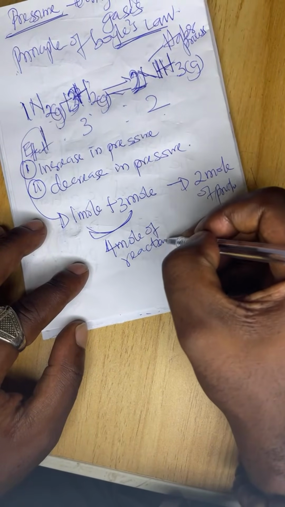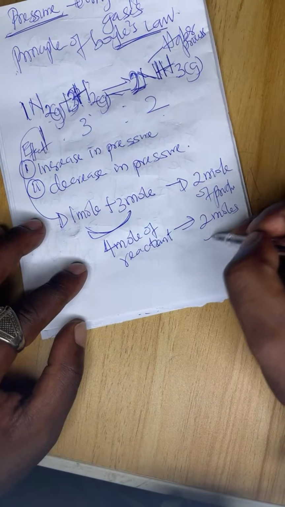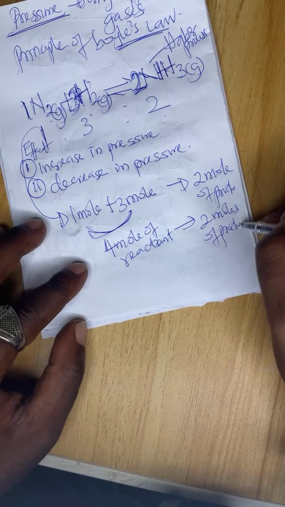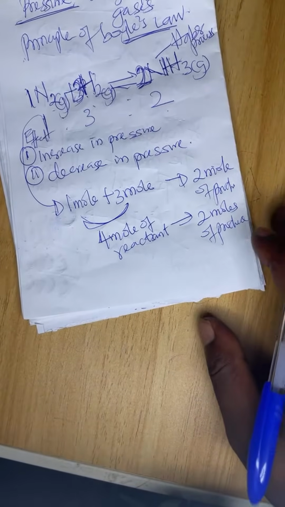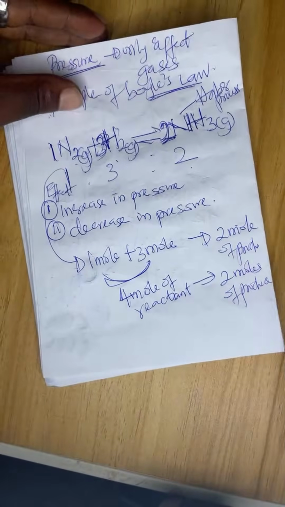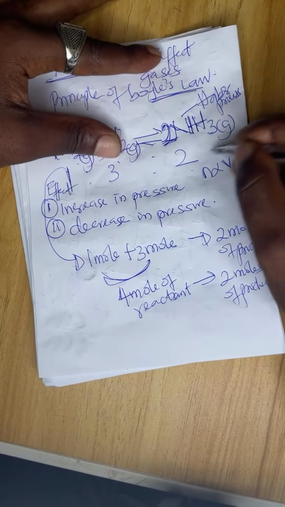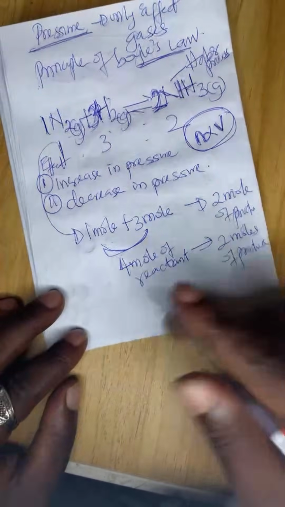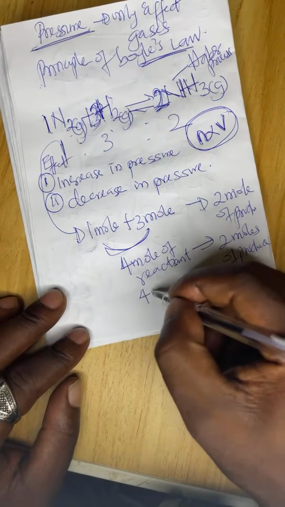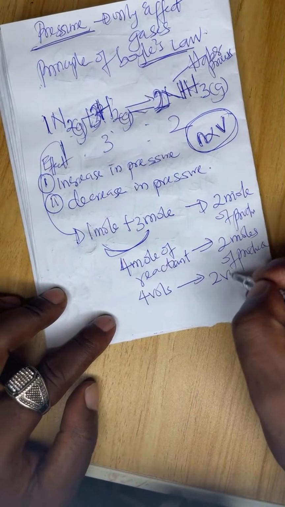It's important that you know this. Now, don't forget, Avogadro's law allows us to convert mole to volume. Avogadro's law states that n is directly proportional to volume. So from here, I can say the 4 moles means 4 volumes, then 2 volumes.